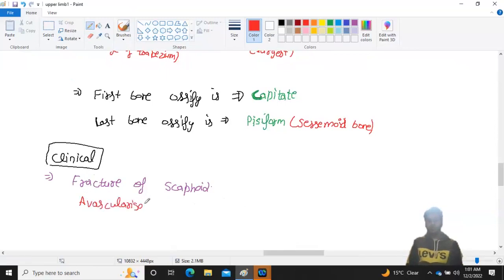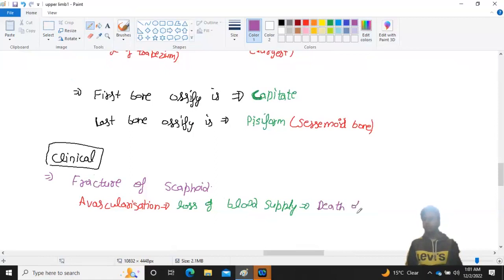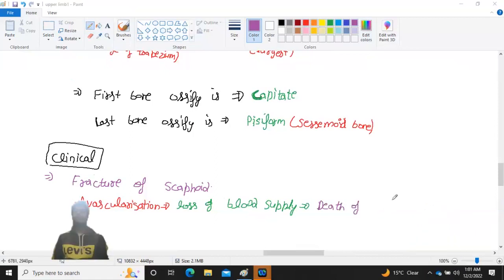Loss of blood supply, basically death of bone, means वो टिश्यू डेड हो जाएगा, वो एरिया बोन का, which is called necrosis.